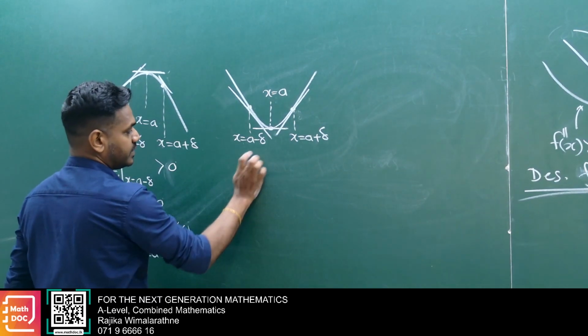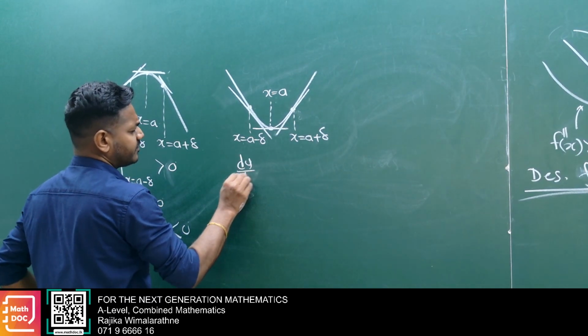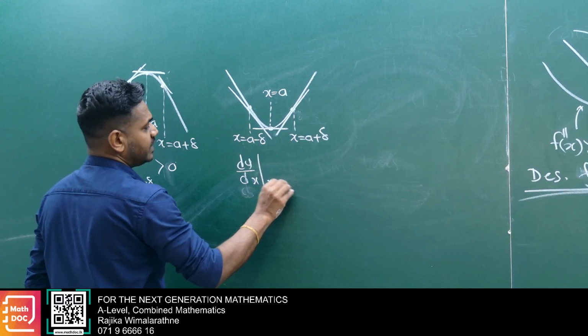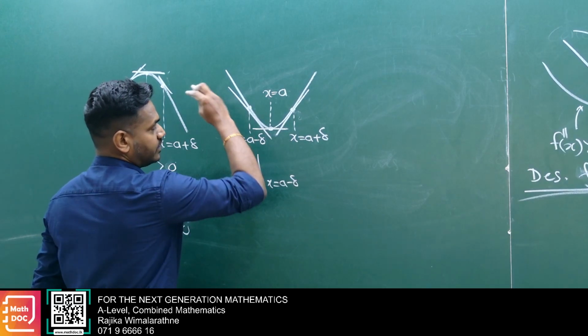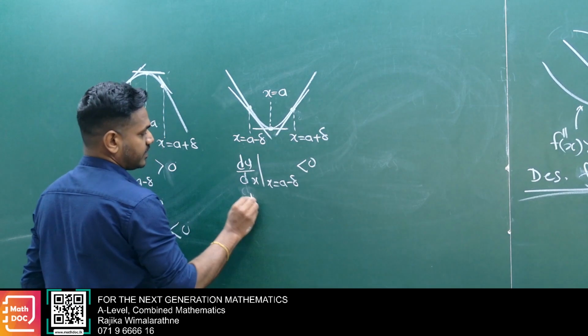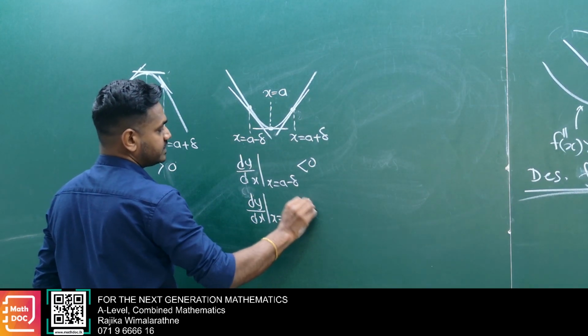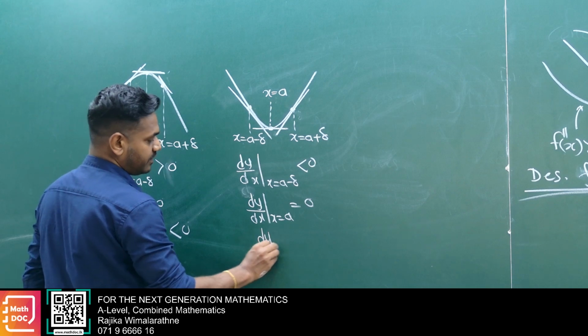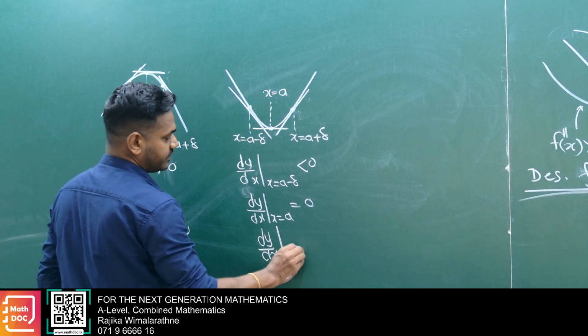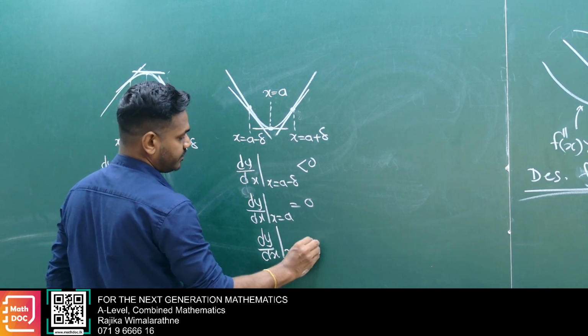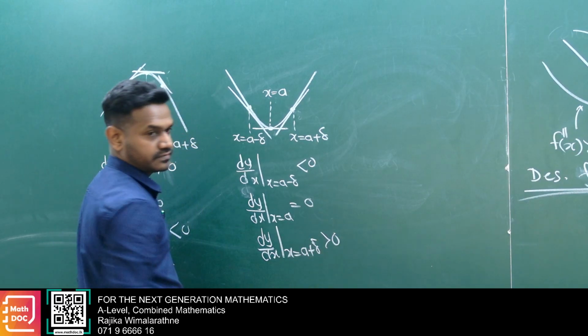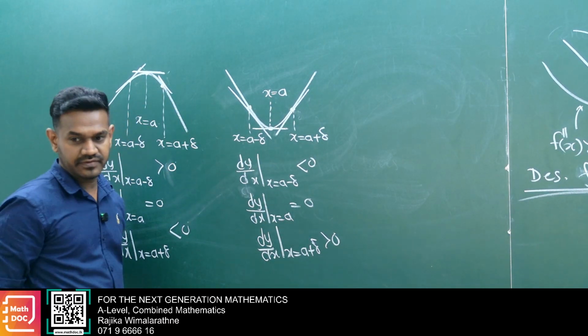Therefore, dy by dx at x equal a minus delta is negative. Then dy by dx at x equal a is 0. Then dy by dx at x equals a plus delta is positive, no? Delta means very small value.